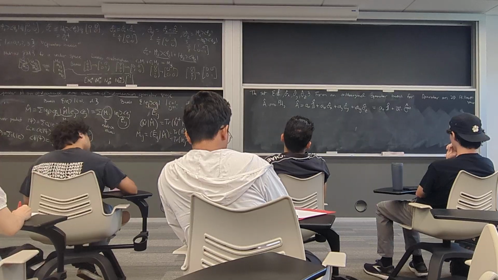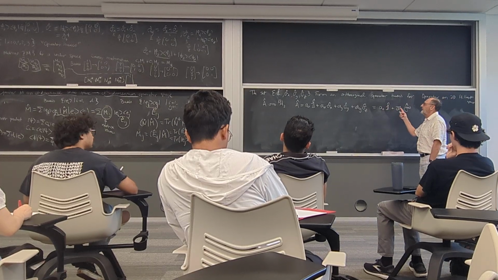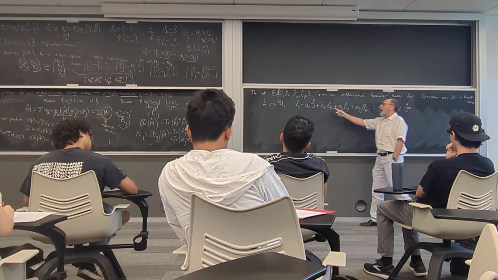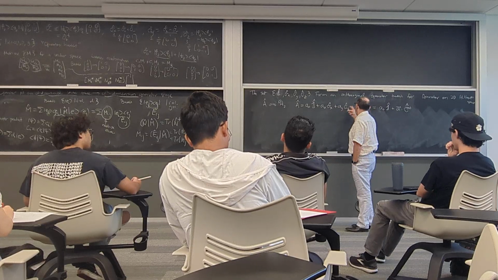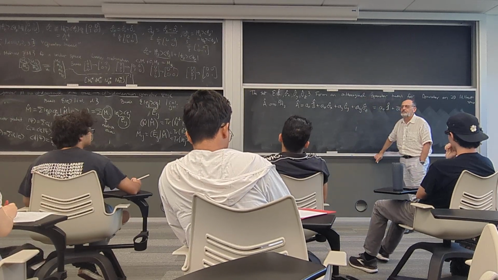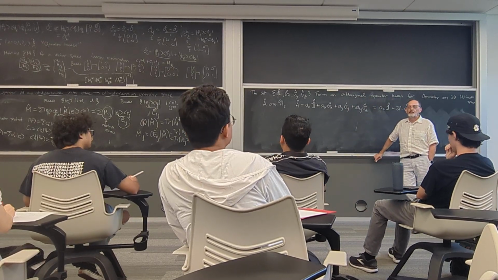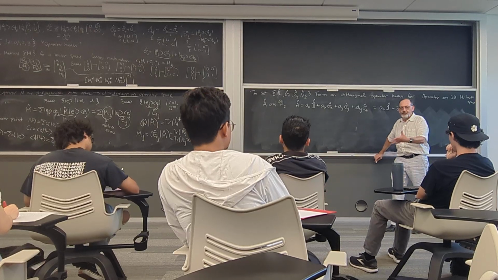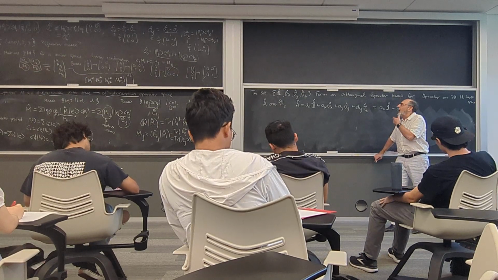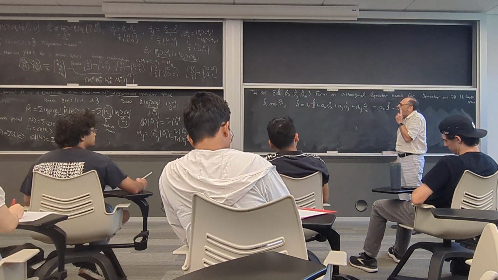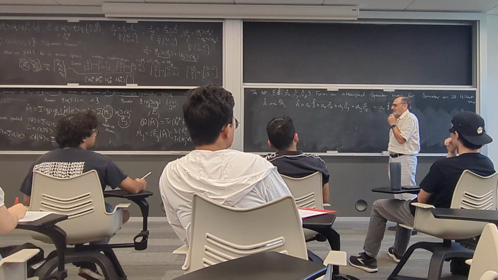So how do I find these coefficients, A0, A_x, also known as A1, A2, and A3? How would I find them? I need to project onto them. I said they're orthogonal. I didn't say they were orthonormal.